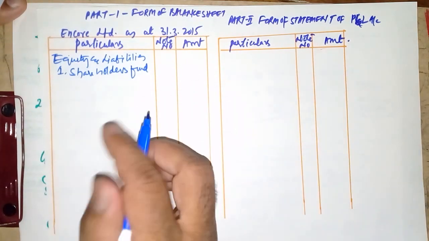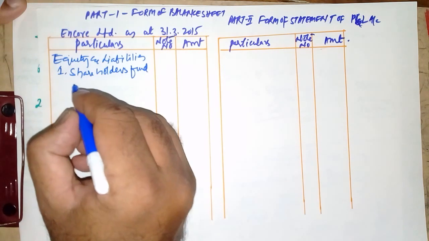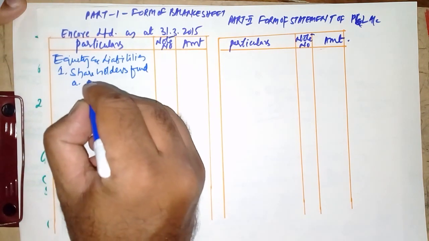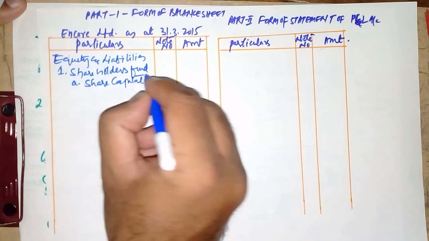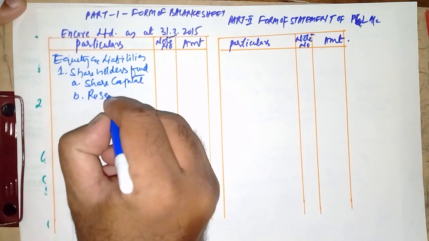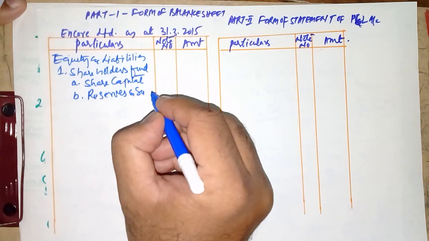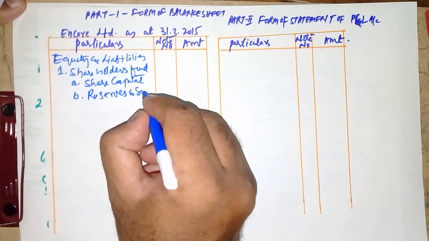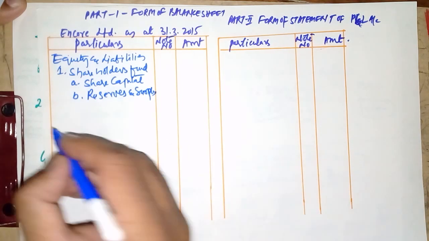In the sense, simultaneously we prepare. Then shareholders' funds. Under that, A, share capital, B, reserves and surplus, right? Then money received against share warrants is not required.